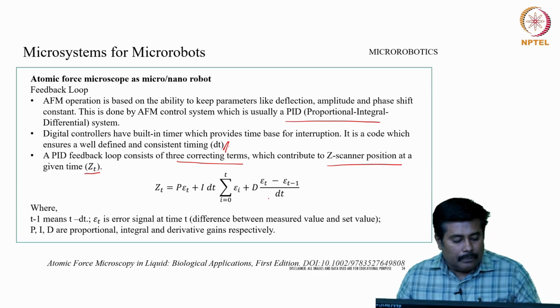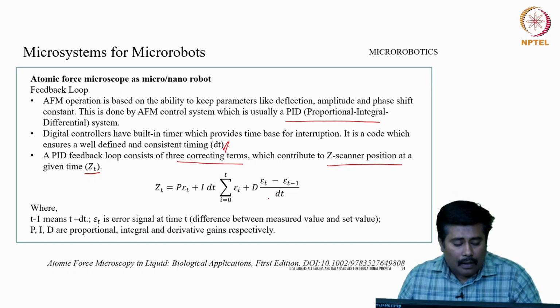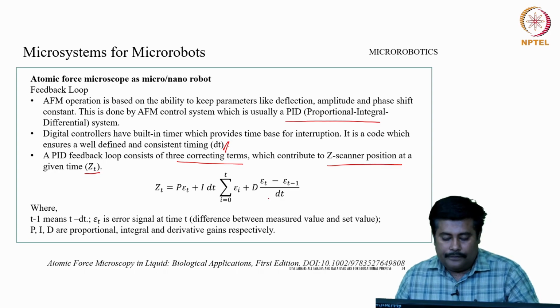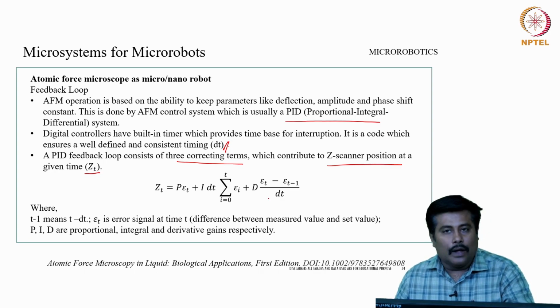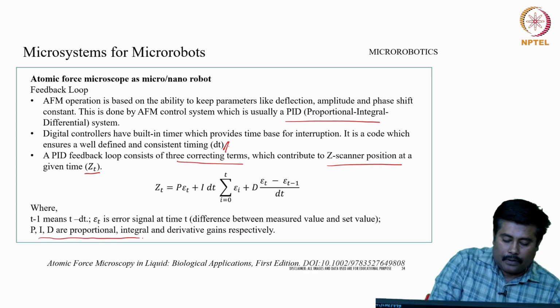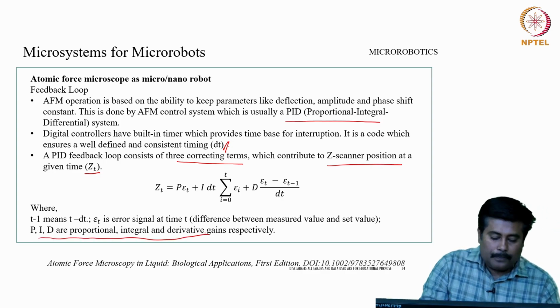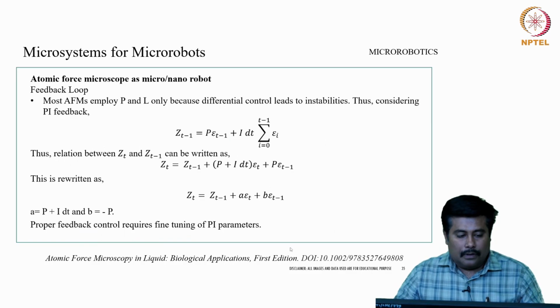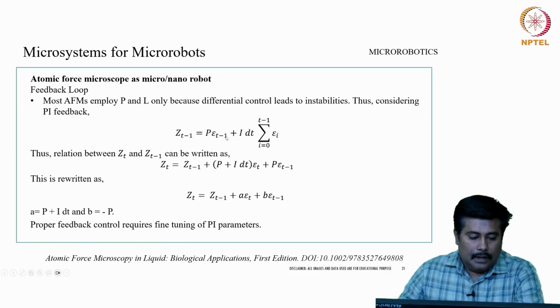Here t minus 1 means t minus dt, and epsilon t is the error signal at time t, the difference between the measured value and the set value. As we all know, PID is nothing but the proportional, integral and derivative gains respectively. Now, let us go into detail about the overall feedback loop.